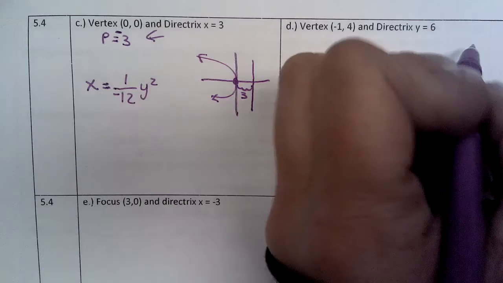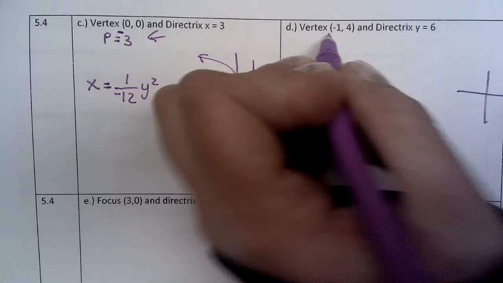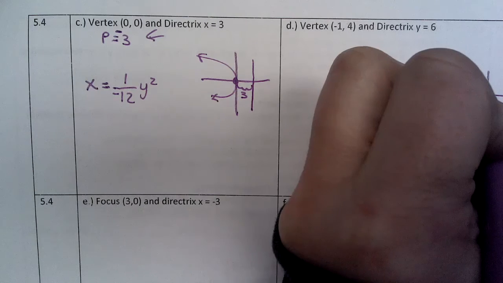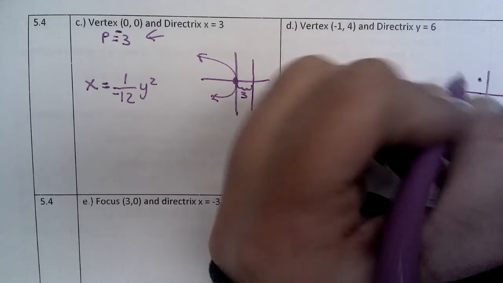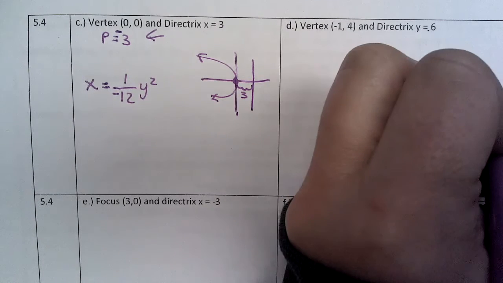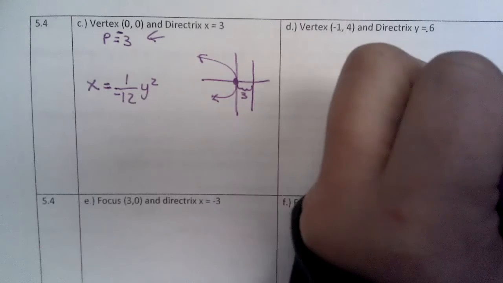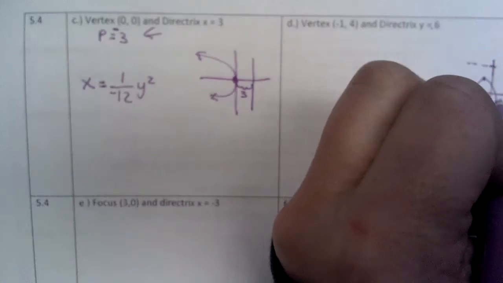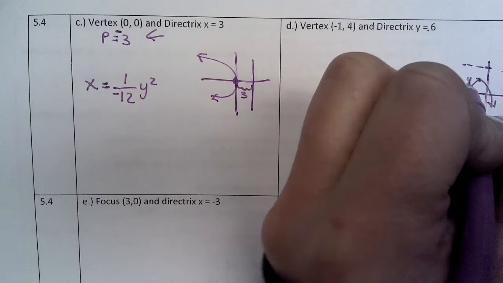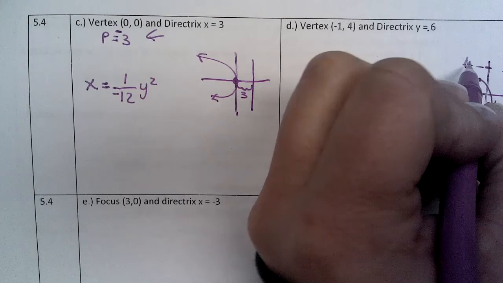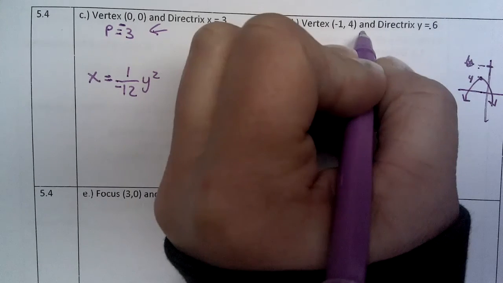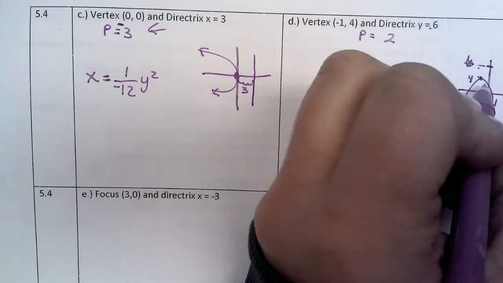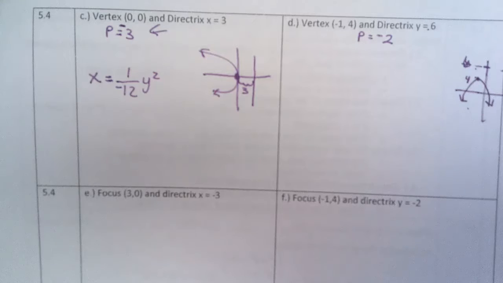All right, this next one here, my vertex is at (-1, 4). And my directrix is at y equals 6. So that's up above there, which means this thing opens this way. If this is y equals 4 and this is y equals 6, my p-value is 2, but since it's opening down, it's -2.